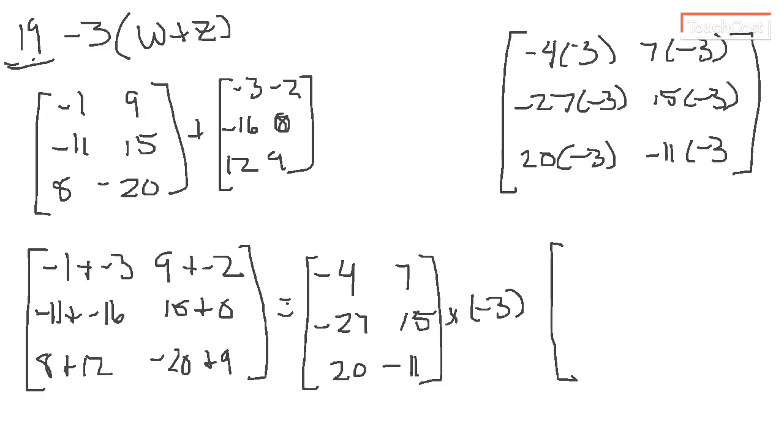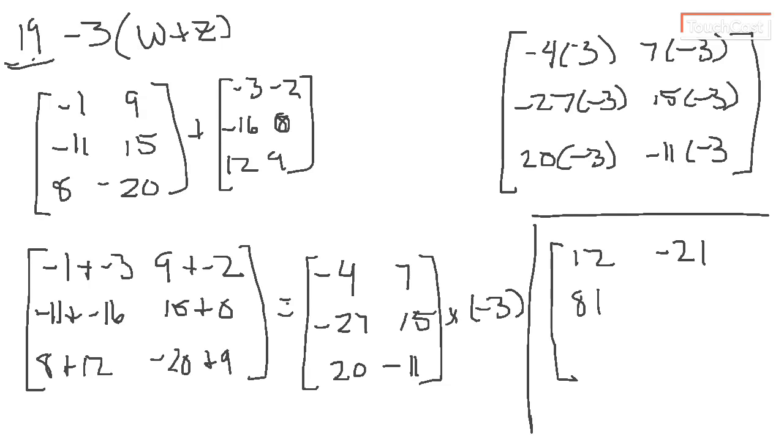Our resulting matrix, our answer that we're looking for, we're going to have 12, -21 making up our first row. We're going to have 81 and -45 in our second row. We're going to have -60 and 33 in our third row. So we're done with 19.